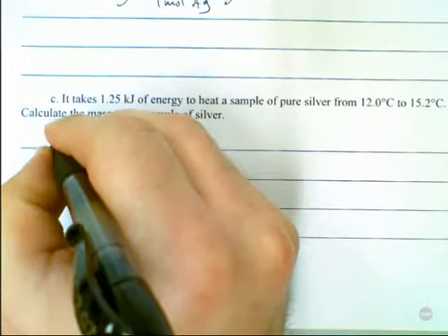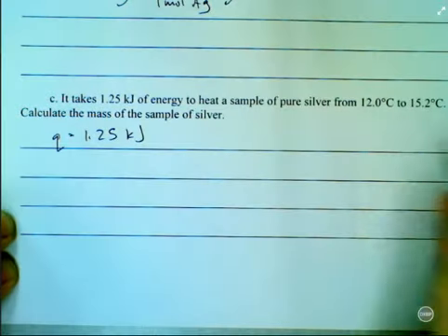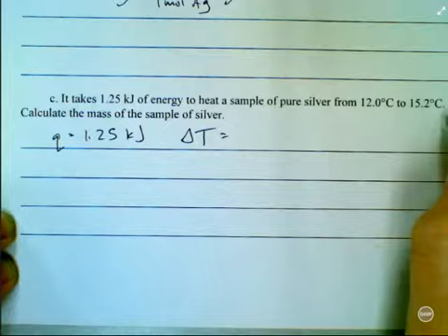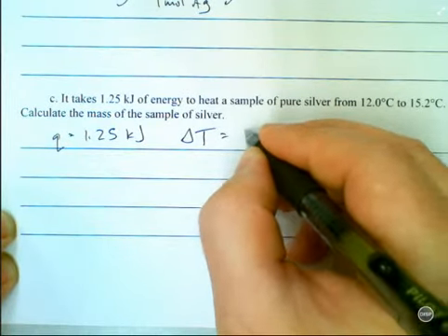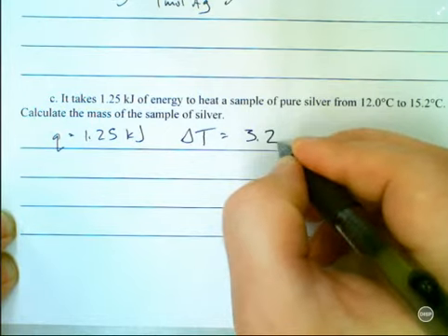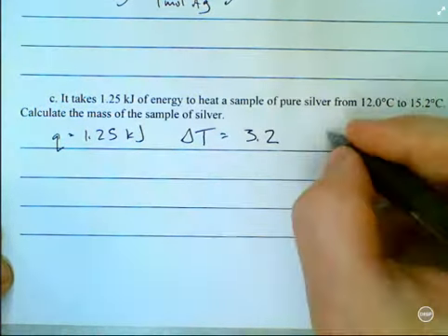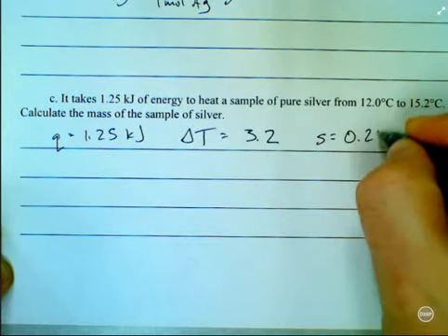So we have Q, 1.25 kJ. We have delta T, that is 3.2, right? And then we also have a specific heat capacity of silver given to us by the initial prompt.